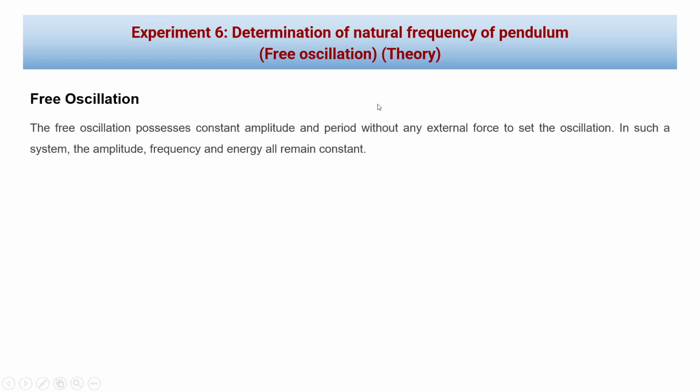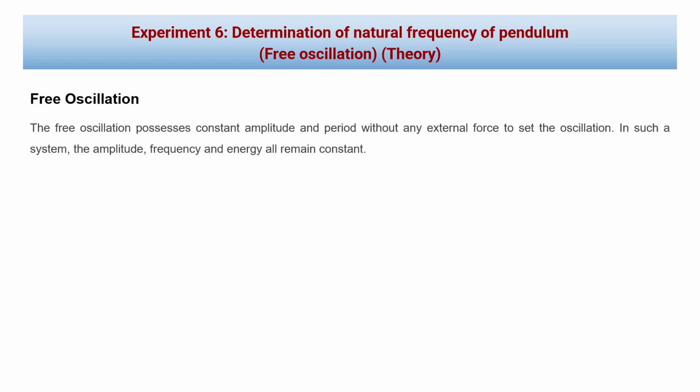Now, because of the experiments that were done based on the simple pendulum, there were three types. You must have already watched the videos where the professor explained how we can do those experiments. First, just understand that there are three types of oscillations we can do experimentally with a pendulum.